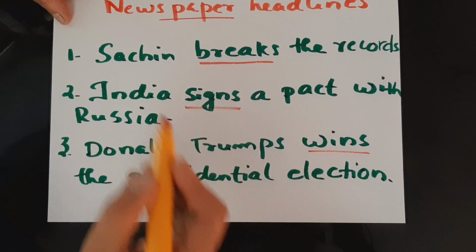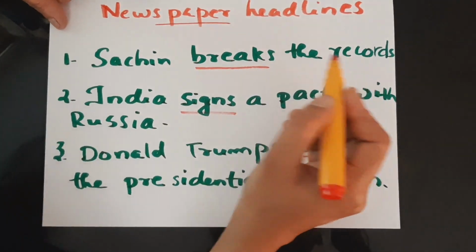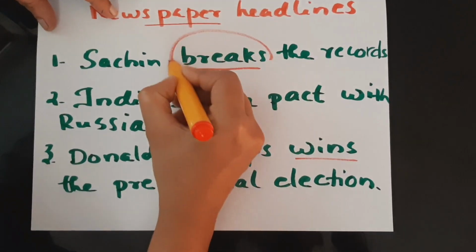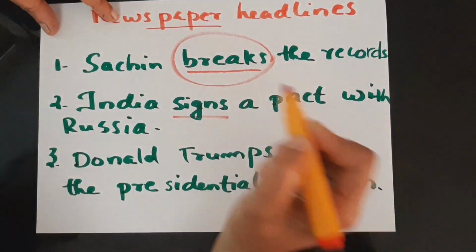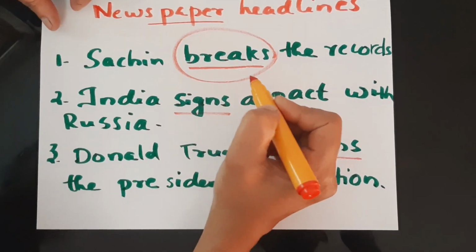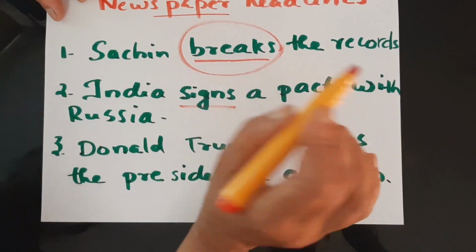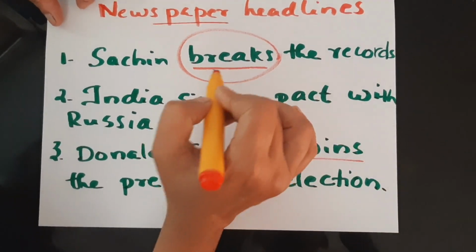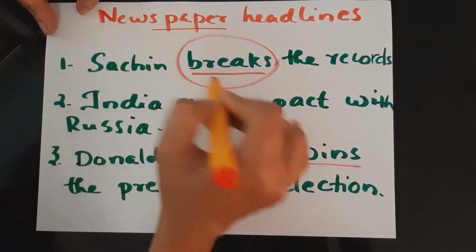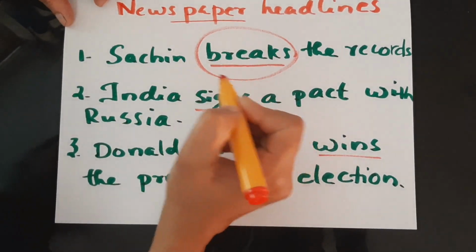For example, "Sachin breaks the records." Simple present tense is used, but what it actually means is Sachin has broken the records. That's a past event, but the headline is given like this: Sachin breaks the records.